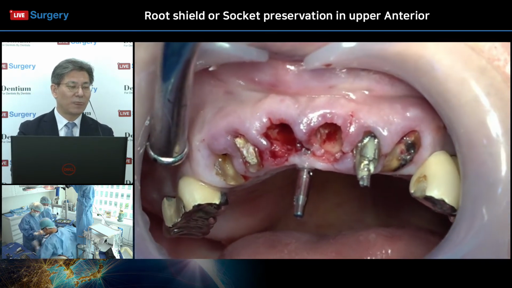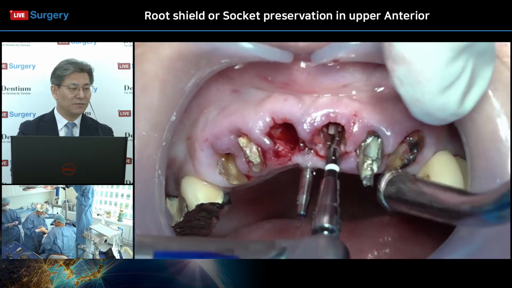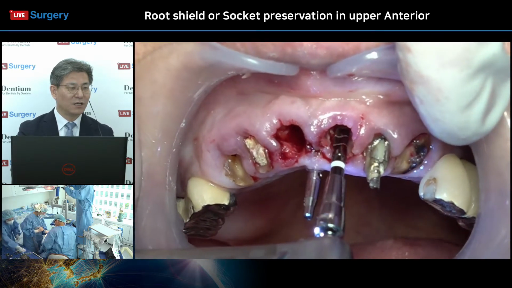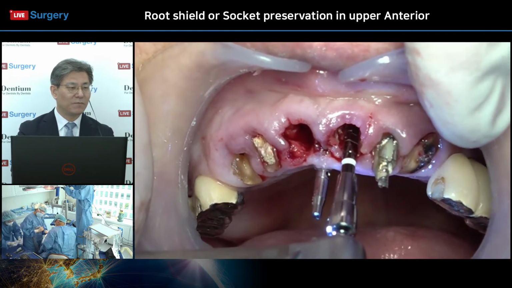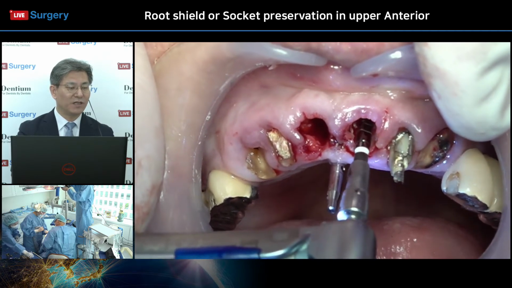Change it to the 3-point final drills. And the final drill here, actually, is 50 RPM, lower speed without irrigation.